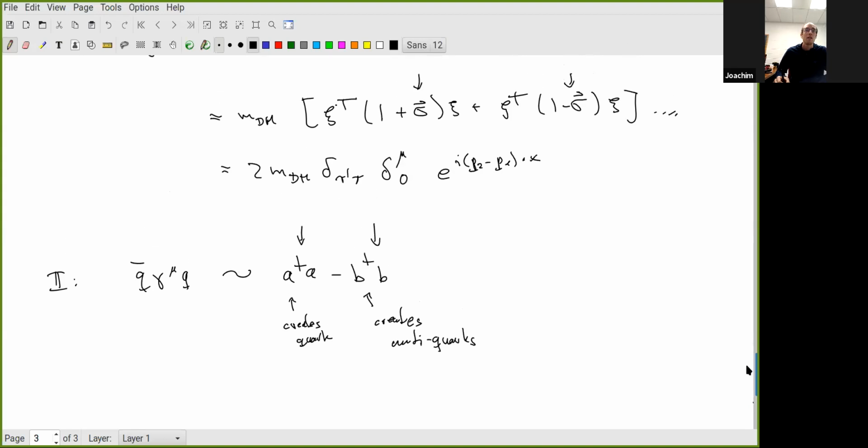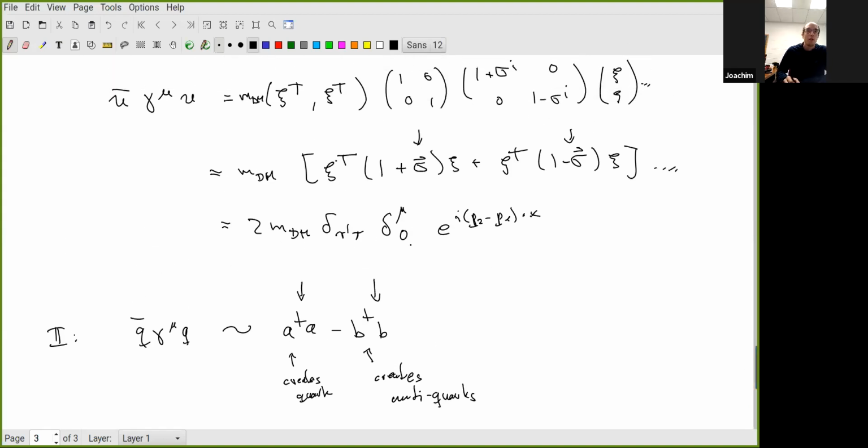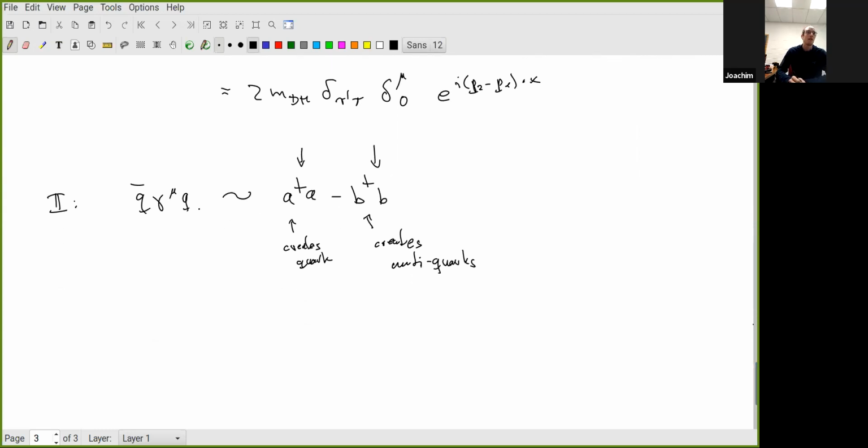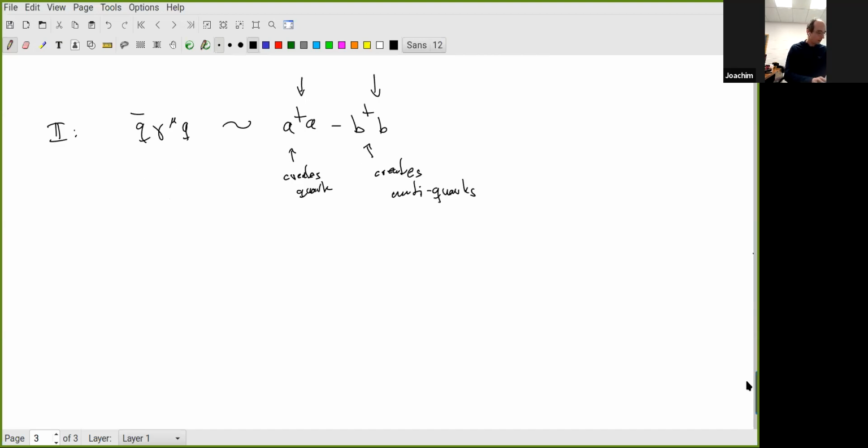And since it is contracted with the dark matter current, and the dark matter current has this Kronecker delta, which picks out only the zero component, similarly here, only the zero component will contribute. And the zero component of a conserved current integrated over the whole space is just a charge. And in this case, it's just the baryon number. So this current essentially gives us just the baryon number of the external state. Okay, so that's the trick that we want to use.